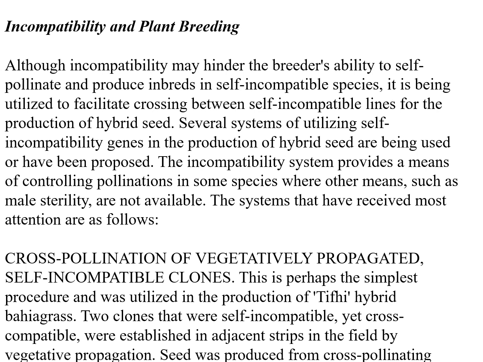And if you want to utilize it, it has to be completely incompatible, where 100% incompatibility is found. This system has been used in producing hybrids from self-pollinated crops through self-incompatible clones. This will be clear in the coming slides, where we show different types of crosses that have been utilized to produce hybrid seeds.